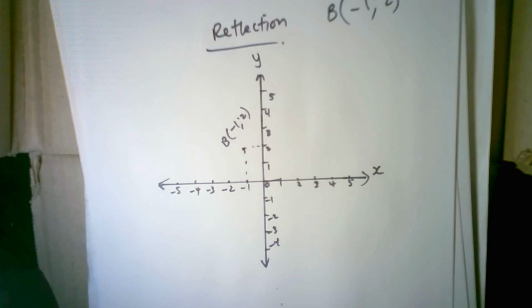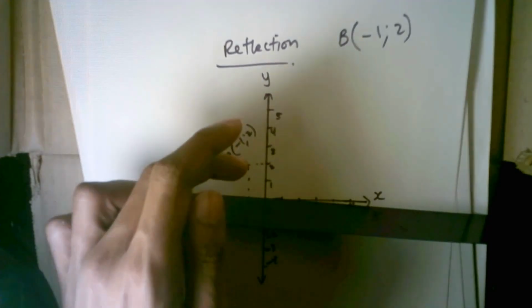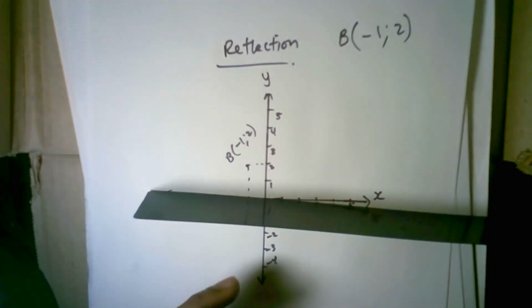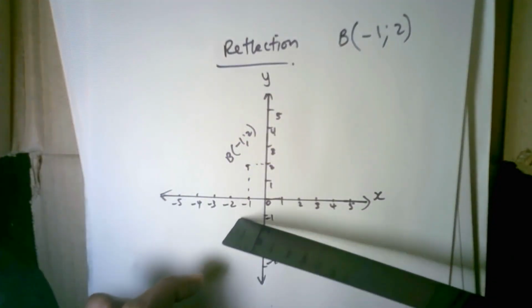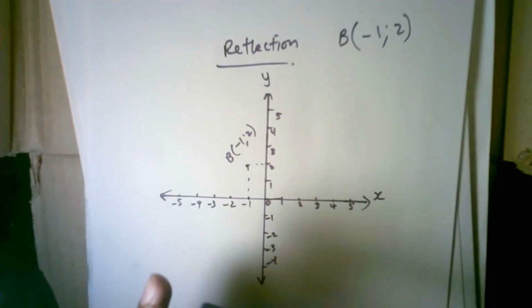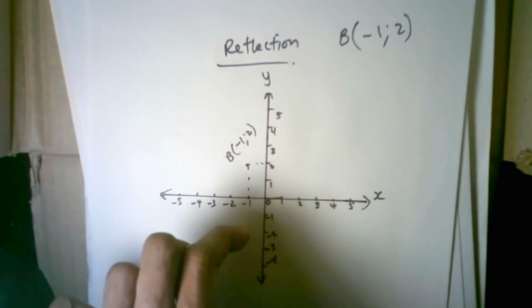Now say I reflect B about the x-axis. What does that mean? It means that if I place a mirror here, whatever I see here, the reflection will be here. So B will be somewhere here, if you think about it. If you take a physical mirror, you'll see that B should reflect somewhere here.